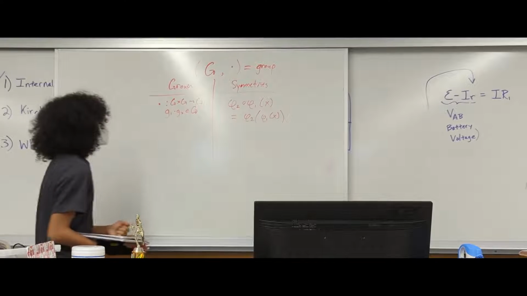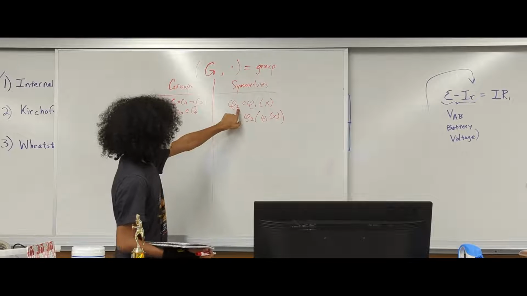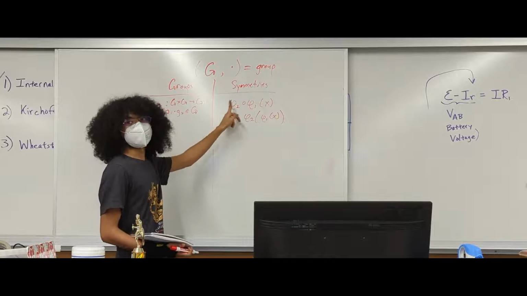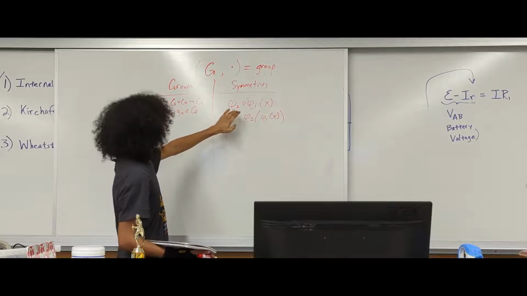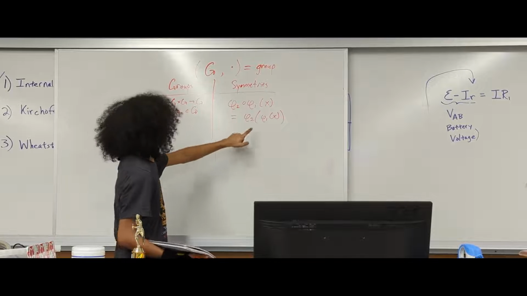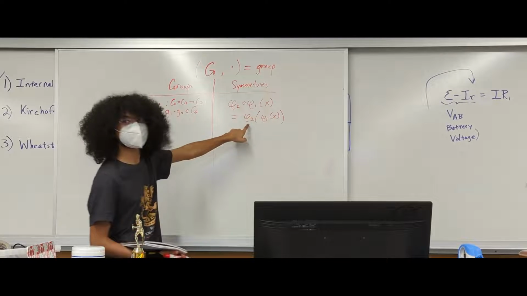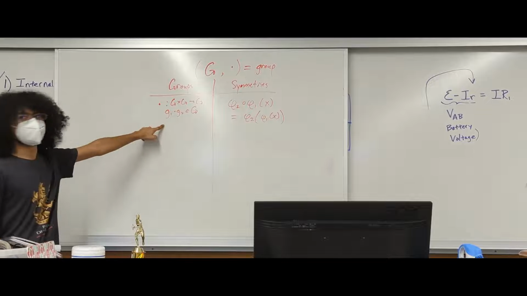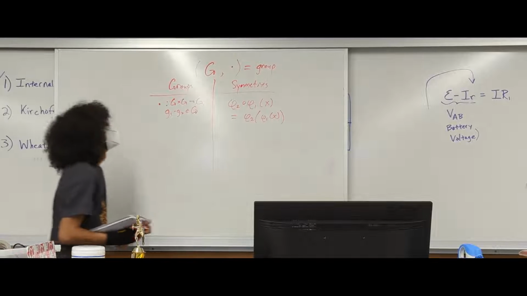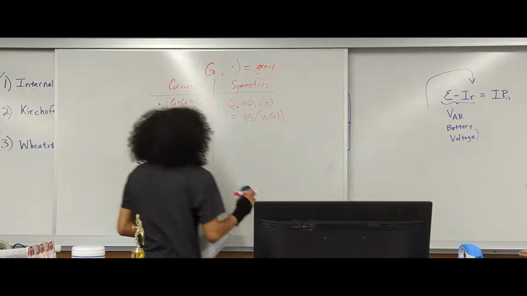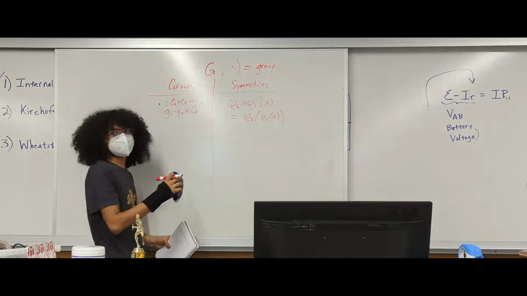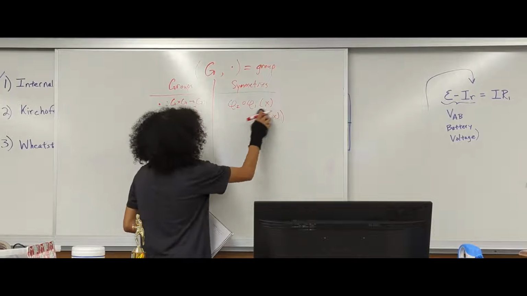That's also why I chose to write phi 2 compose phi 1, because this is the order in which things happen. It looks reversed, but really it's because this happens first and then this happens, as opposed to here, where people just prefer to put the 1 and then 2. The point is that the operation between symmetries is the composition of the functions.